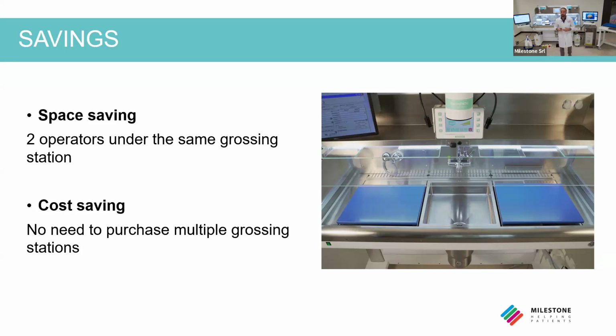And this is extremely important because there is no need for the space occupied by two grossing stations, just one for two operators. Again, this leads to cost savings because there is no need to purchase two grossing stations, but just one.